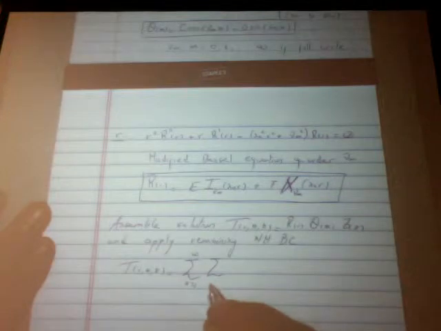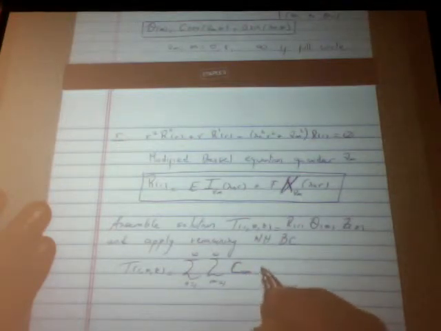Obviously, slightly more complicated in this case because the solution will be a double summation from n equal 1 to infinity, from m equal 1 to infinity, and the constant of integration, let's call it C nm, times R of r, theta of theta, and Z n of z.